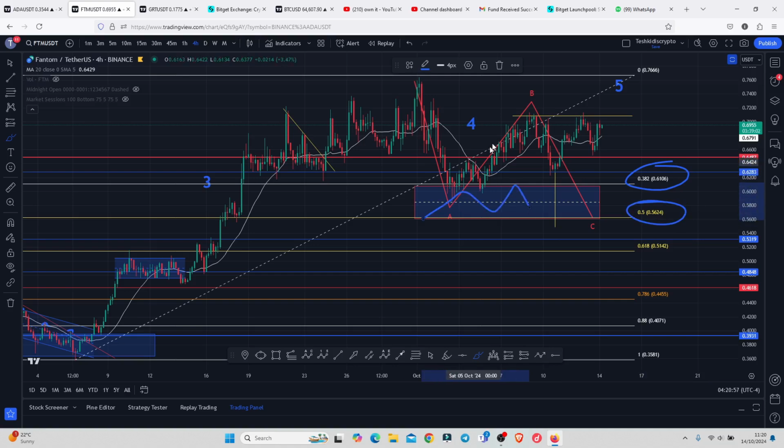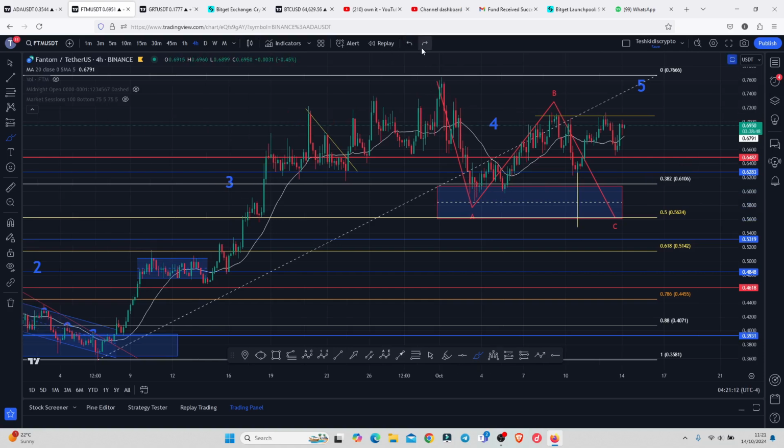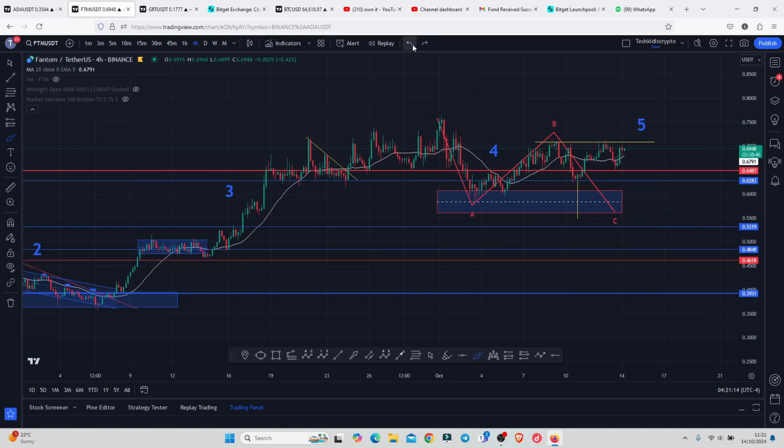And you can see that we saw a pullback into the area, managed to get into the area, and we saw a number of candlesticks close within the target area, suggesting that there's a chance that we have a low in place for this Elliott wave count 4, and whatever is playing out at the moment could be the start of a very impulsive movement to the upside in an Elliott wave count 5.